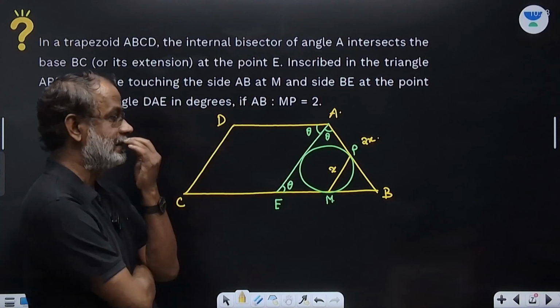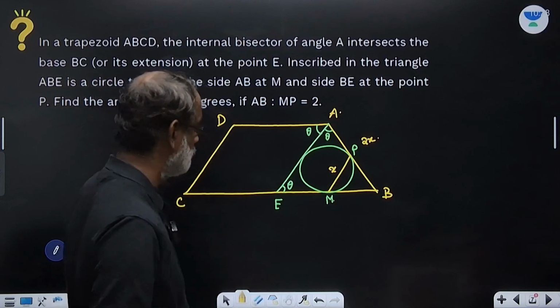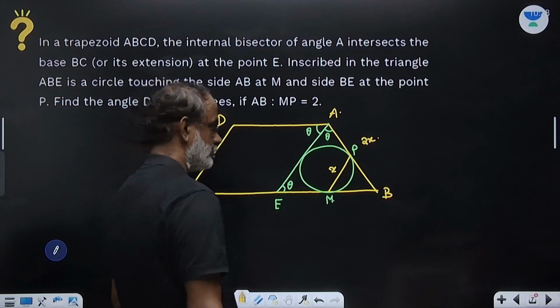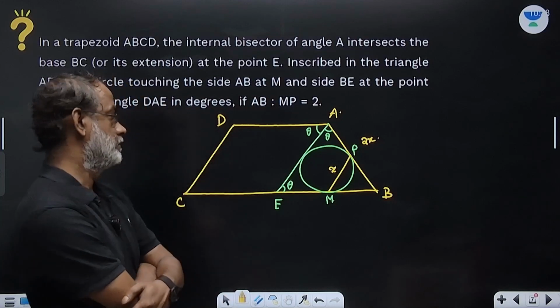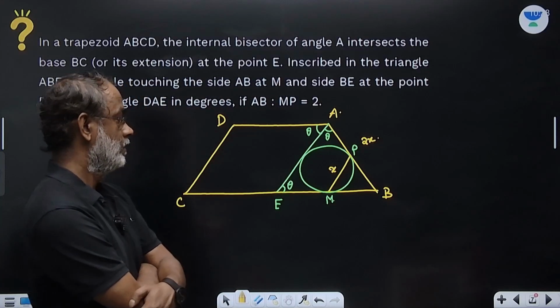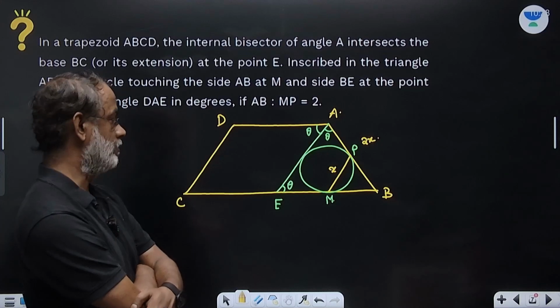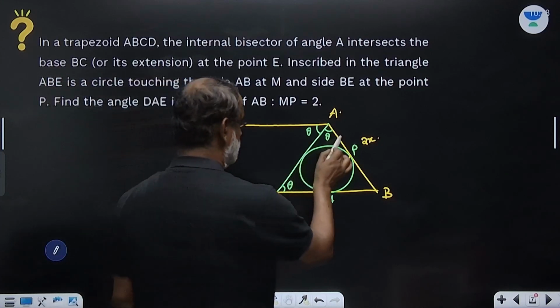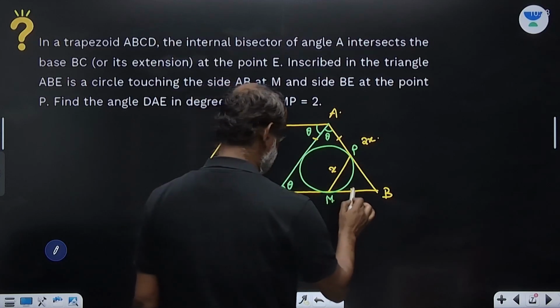See, if you are able to look at it very carefully, these two are equal, these two. This is equal to this. Tangents from external points.